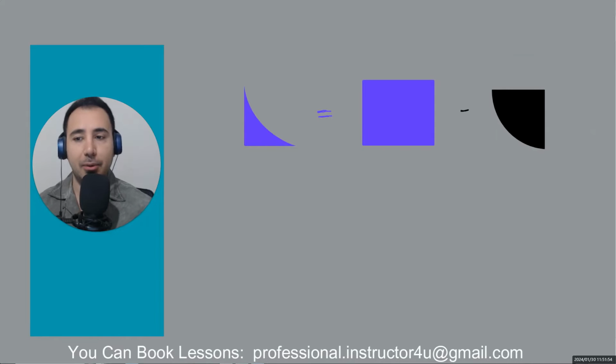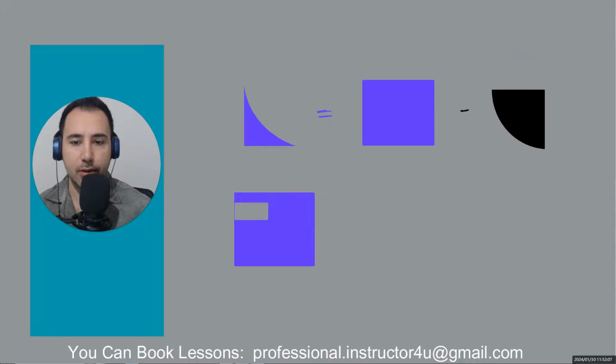Okay, so let's go back to the problem 3. The idea of problem 3 is the same thing. Okay, so I have a square and then I'm going to remove, okay, a smaller square from it. Like this is what they did. Okay, let me go like this.